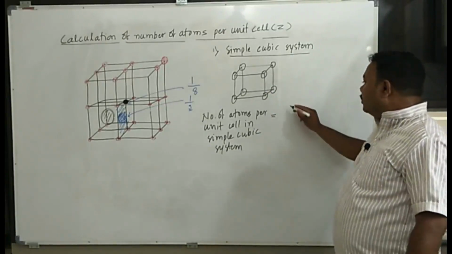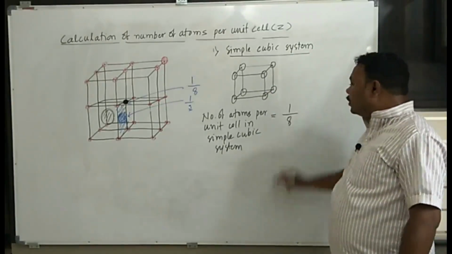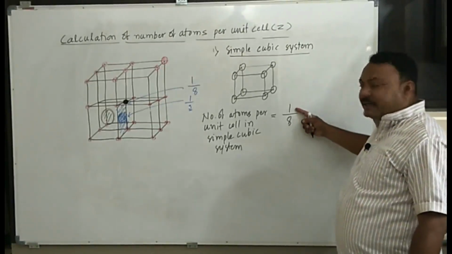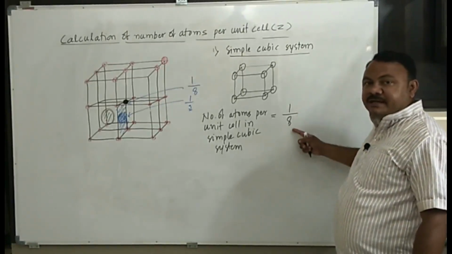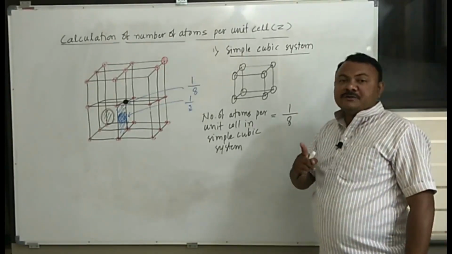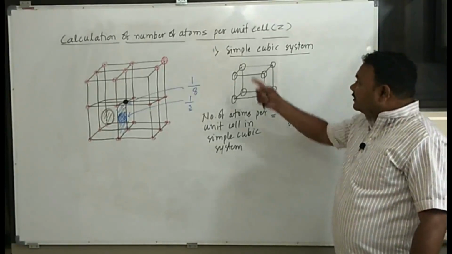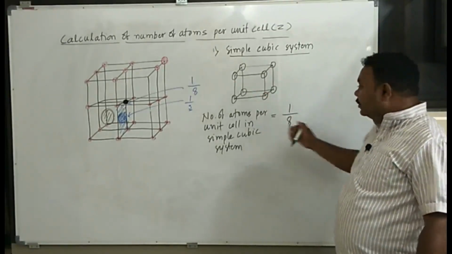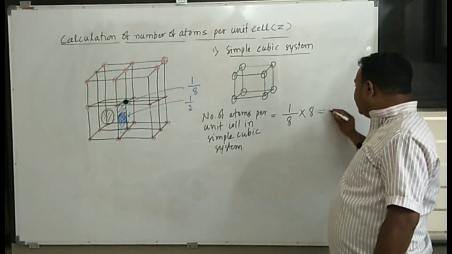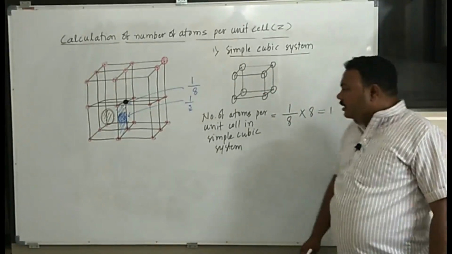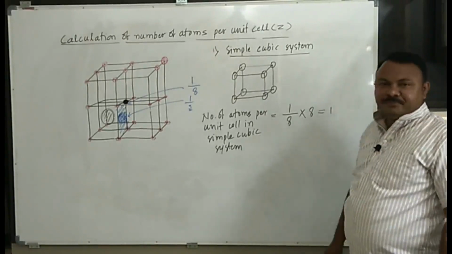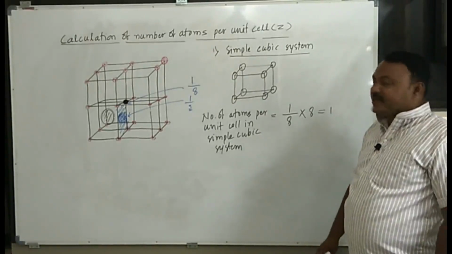Therefore, 1/8 is the contribution of one particle. Every corner particle gets equally shared by 8 unit cells. Totally we have 8 particles in the unit cell, so I have to multiply 1/8 into 8. So this is 1. The number of atoms per unit cell in the simple cubic system is 1.